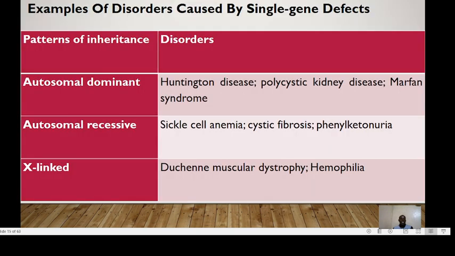Examples of disorders caused by single gene mutation: we have the autosomal dominant ones, like Huntington disease, polycystic kidney disease, and Marfan syndrome, while the autosomal recessive ones include sickle cell anemia, cystic fibrosis, and phenylketonuria.